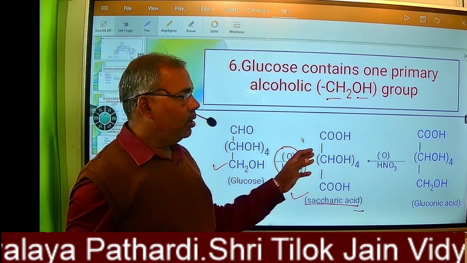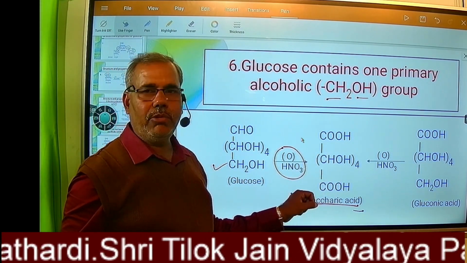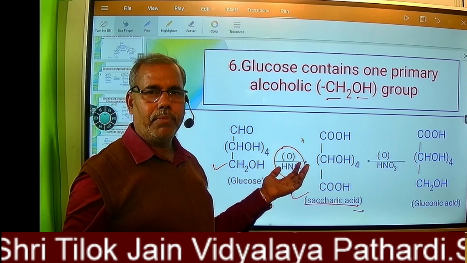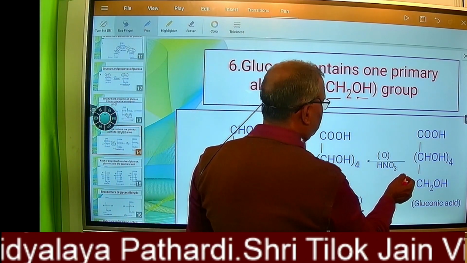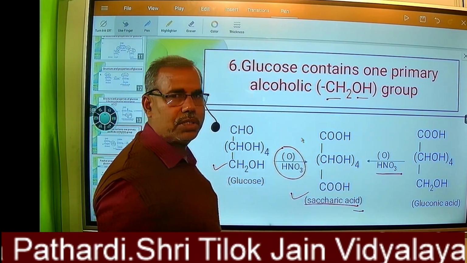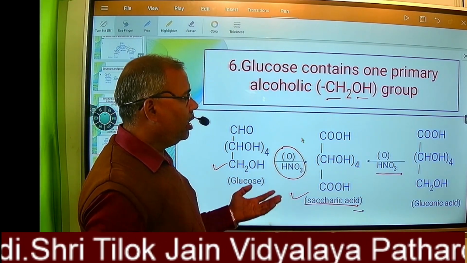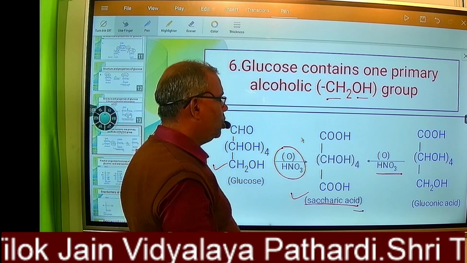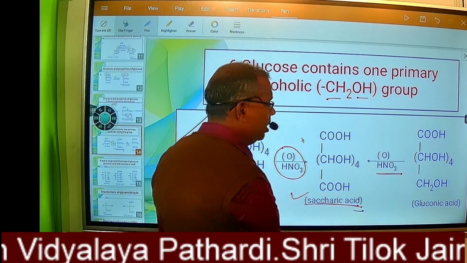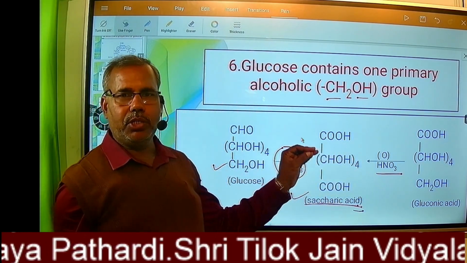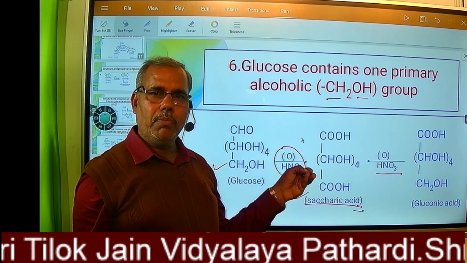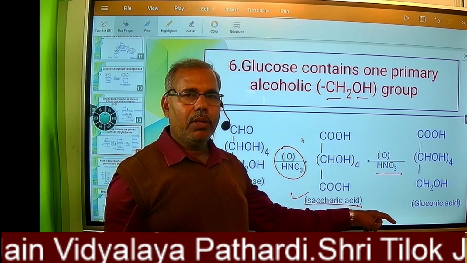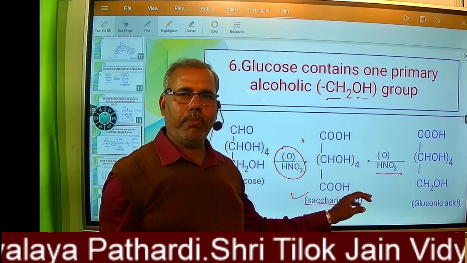Also, the gluconic acid which was formed previously with bromine water was treated with the strong oxidizing agent, that is nitric acid, and the product formed was found to be again saccharic acid. That means gluconic acid contains 1 COOH group which is oxidized from the formyl group, but here saccharic acid is formed from gluconic acid.